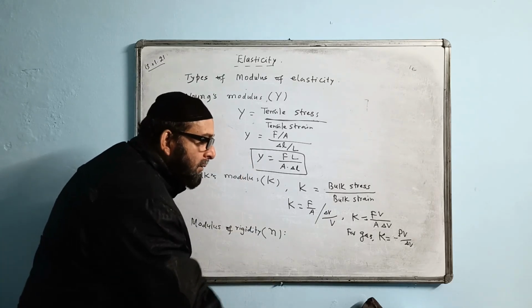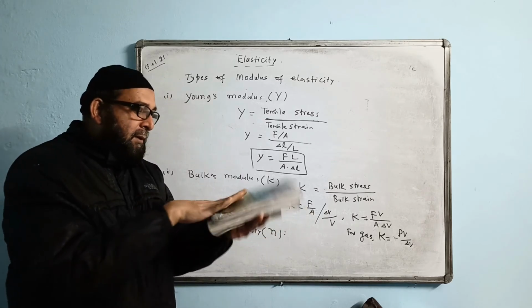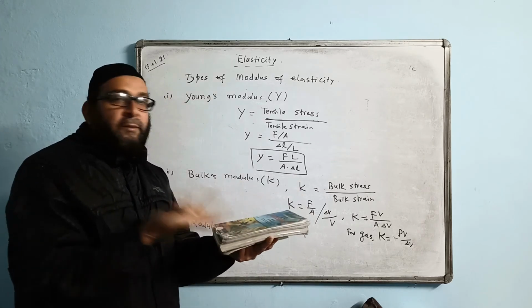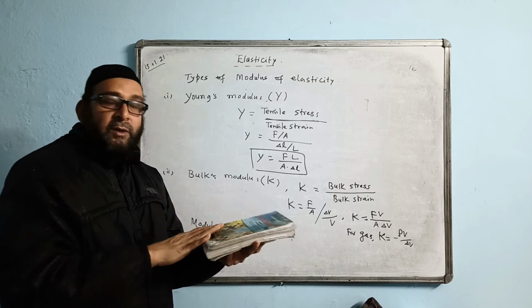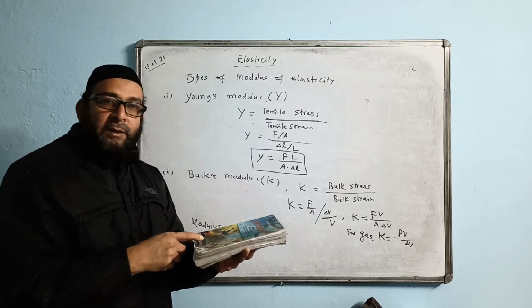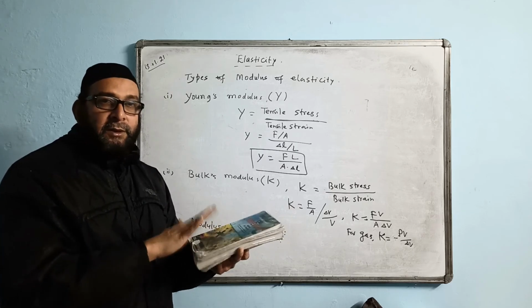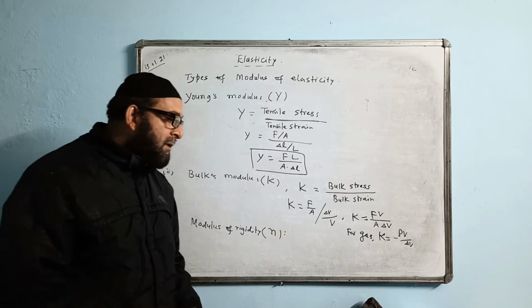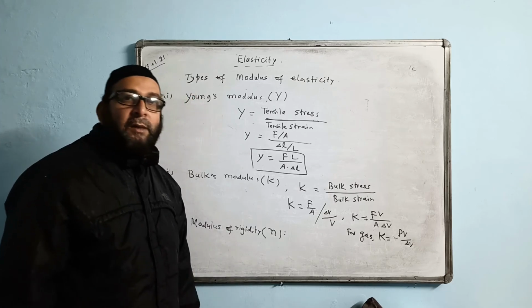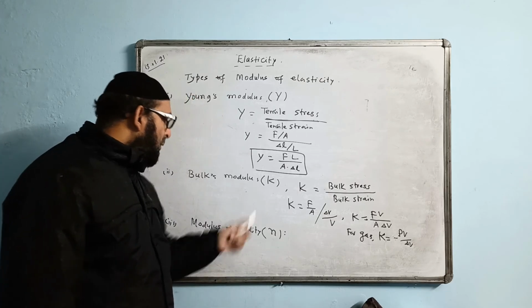Suppose we have a body and we are giving a force in this way. Its volume remains the same, even the length does not change, or there is a very minor change in the length, but its shape gets distorted. Shape gets deformed. So such a modulus is called modulus of rigidity.